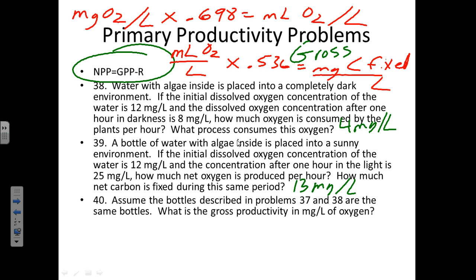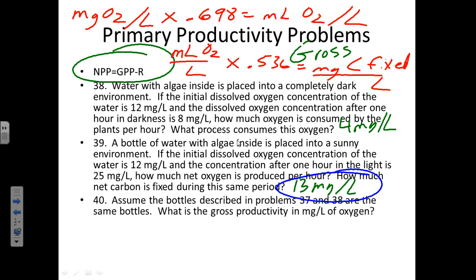All right, so here's the deal. We know how much oxygen is released. So to get the amount of carbon fixed, these two equations will let us convert from oxygen released to carbon fixed. Notice that we just calculated how much oxygen was released, 13 milligrams per liter, the net oxygen released.